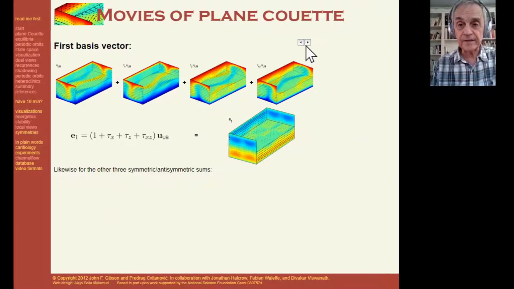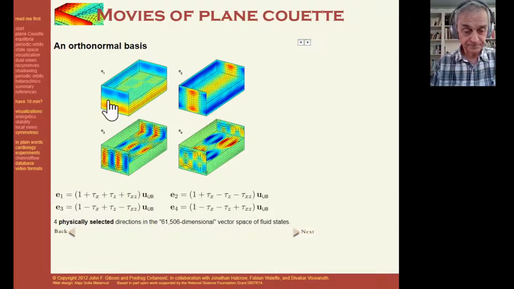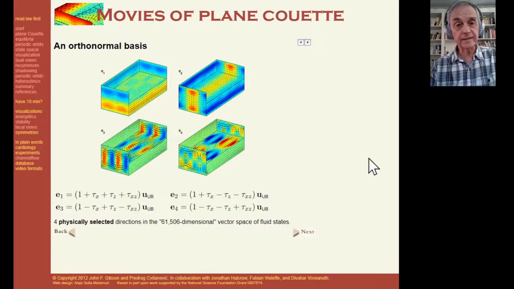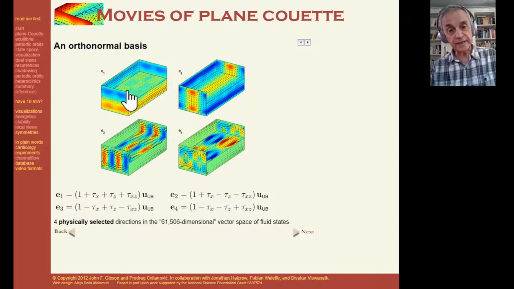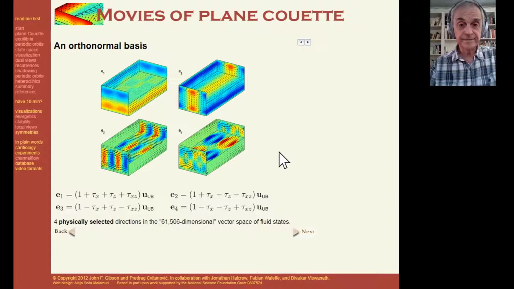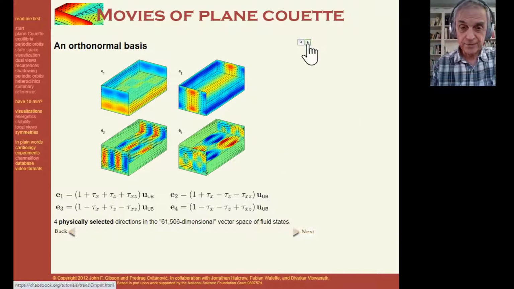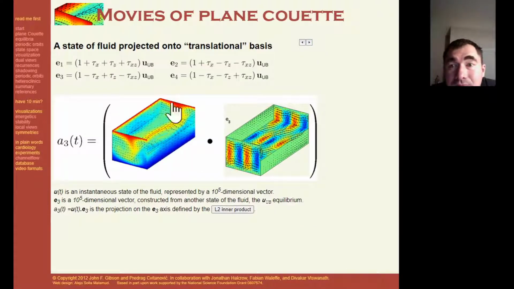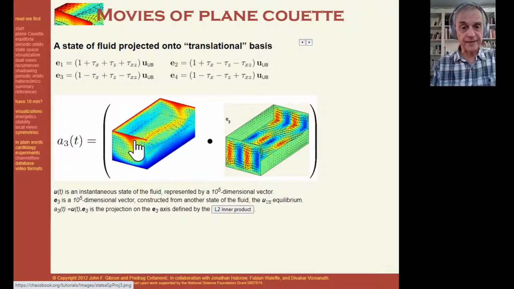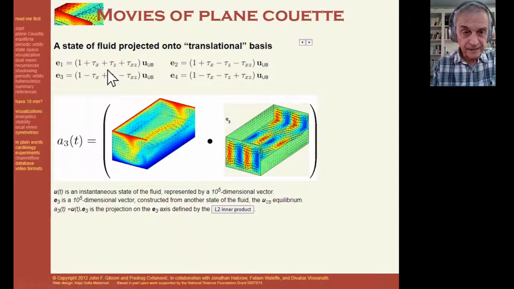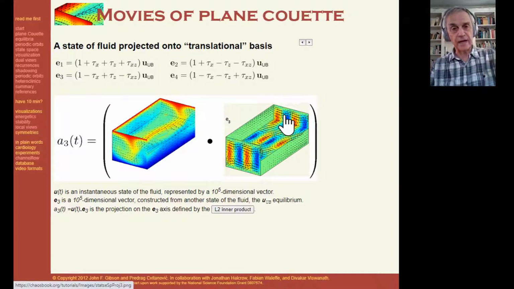And now what you do is you take your turbulent flow and you project your state onto these 4 coordinates. Are you with me? For example, if I have my fluid flow, here it is, doing its turbulent thing, I can project it onto this particular basis. Projecting means using this orthogonality relation.